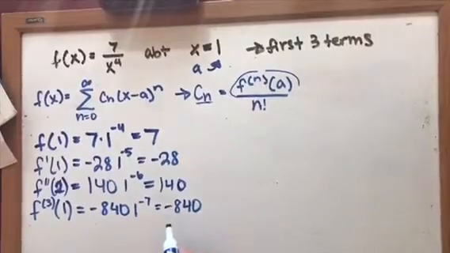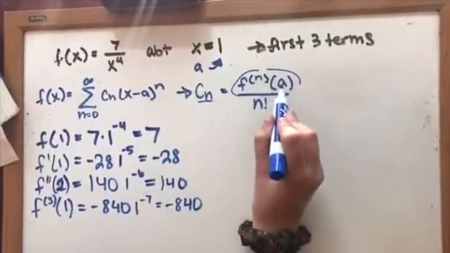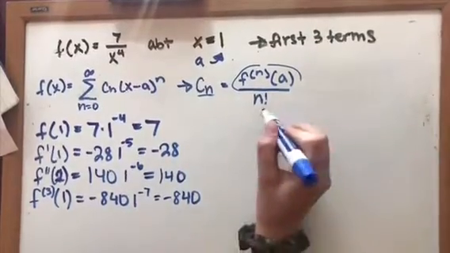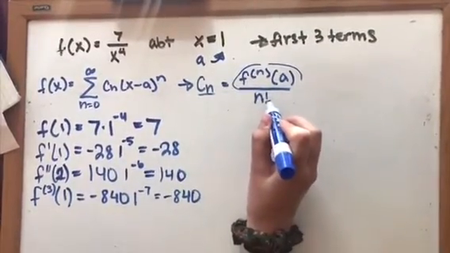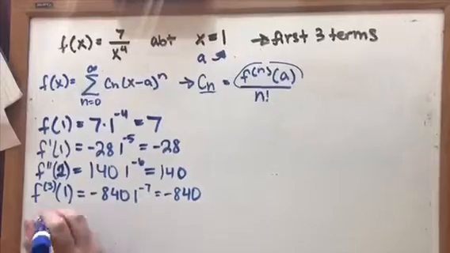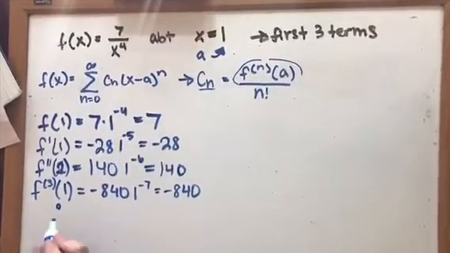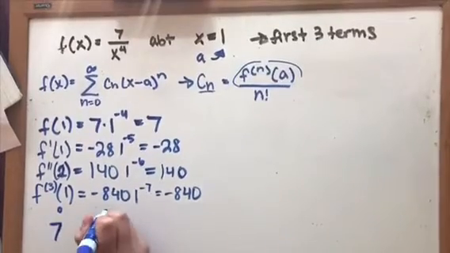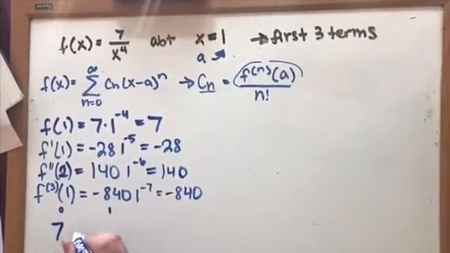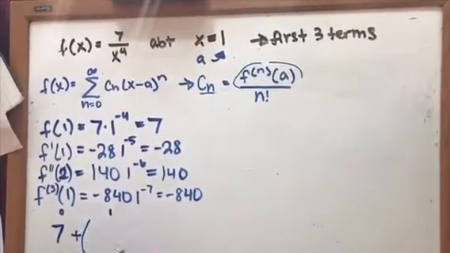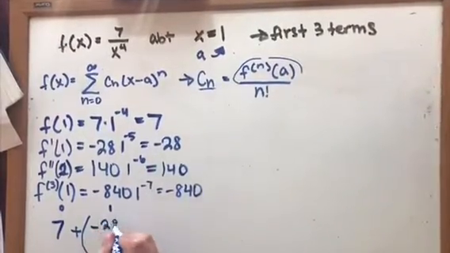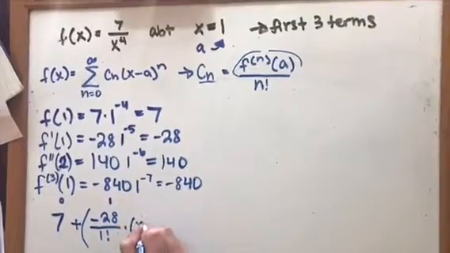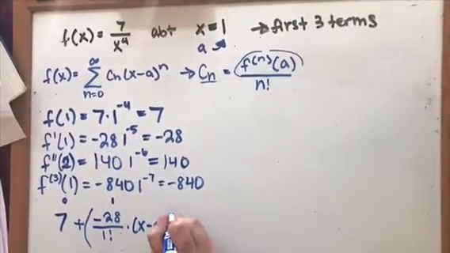So now we have this top part of this equation for c sub n. That's the first part of our constant, and all we have to do is put it over n factorial to find this constant. So the 0th term is just going to be f of 1, and that's going to be equal to 7. And as we go on to our first term, we're going to say plus negative 28, which is the first part, over 1 factorial times x minus a to the first power.